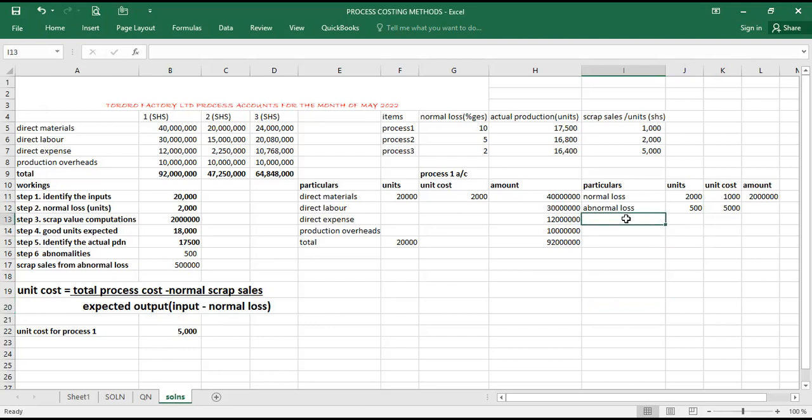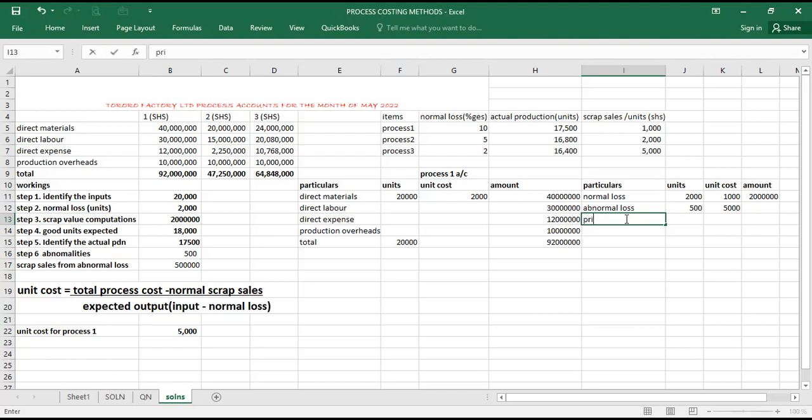Then we also get our final outcome, the output of process one. But we said this one is not going to be called the output. Instead, we are just going to say it is process two, because the output of process one becomes the input of process two.